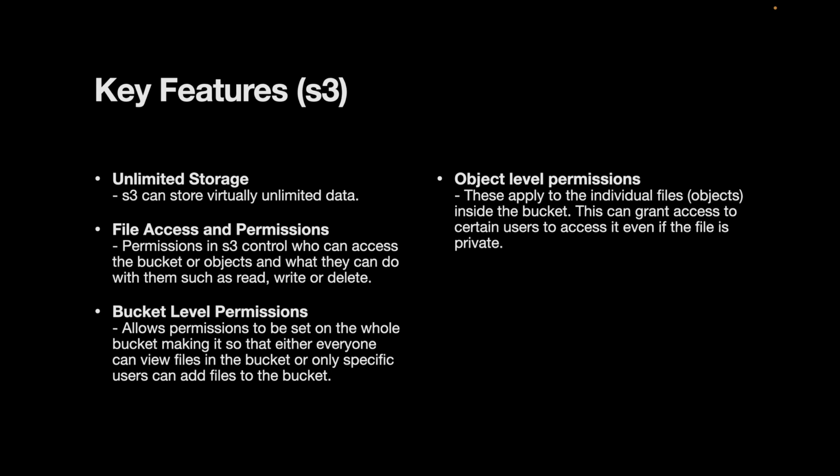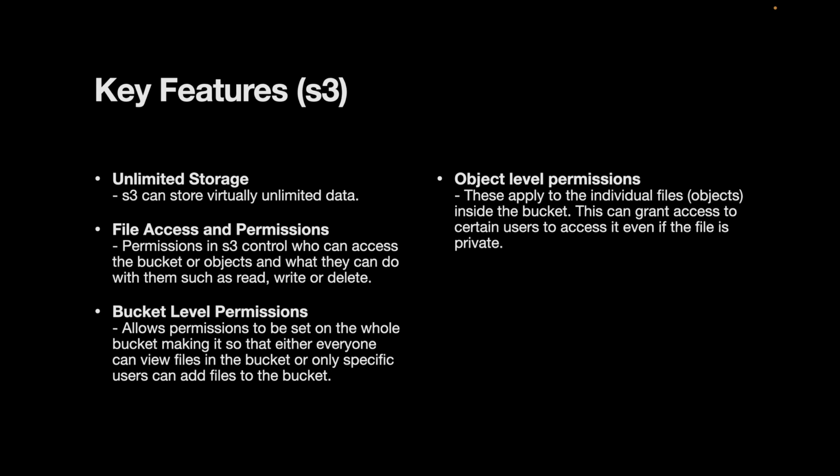So you give it a policy saying these are the things that are permitted for certain users, and if it's public, you're giving everyone access based on the policy given. And if that folder is private, you need permission to do anything within that bucket.